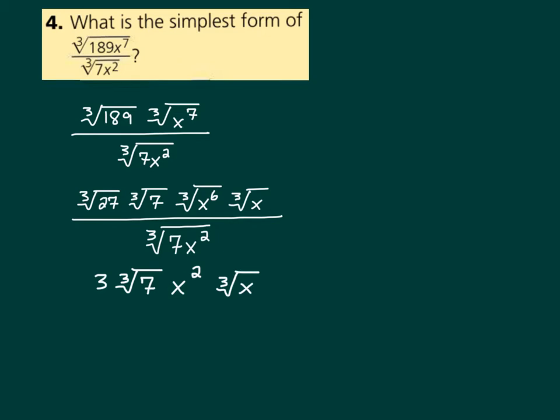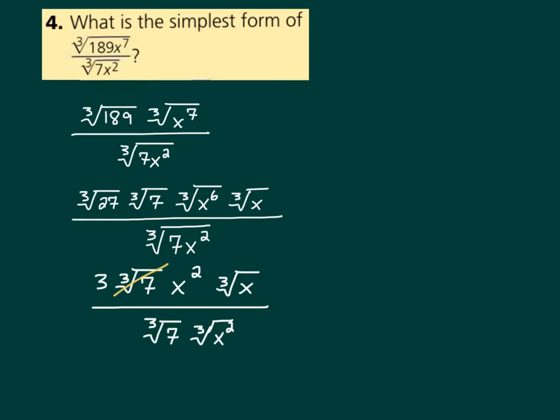Notice that there I was a little bit more careful about how I wrote this part out. I just left a little bit more space so that it's clear to me that this is x squared and this is a cubed root. All over, if we break up the denominator, cube root of 7 times the cube root of x squared. What happens with the cube root of 7's?